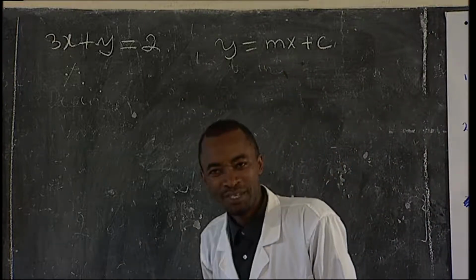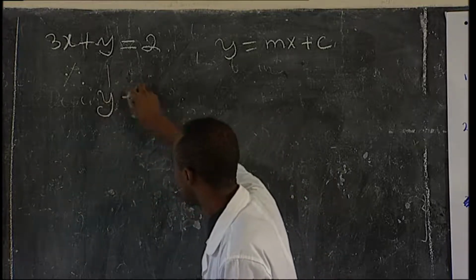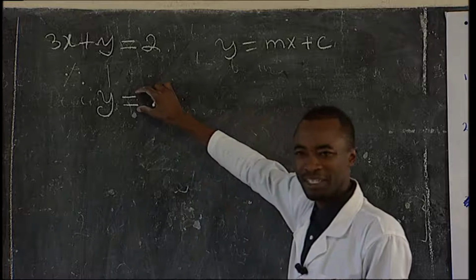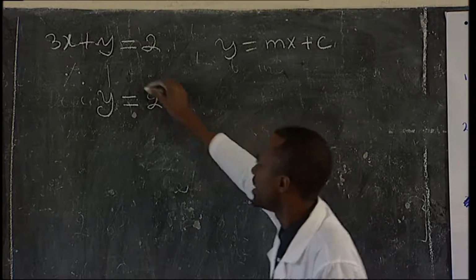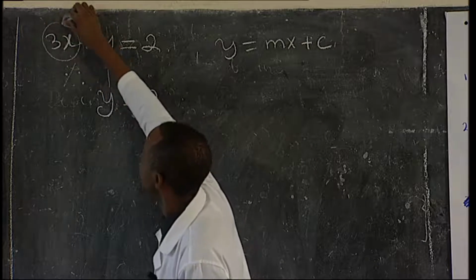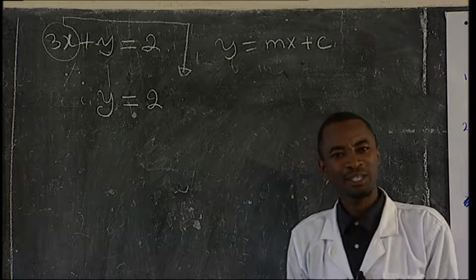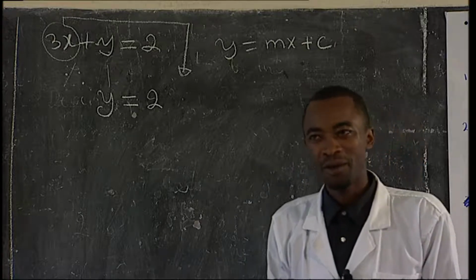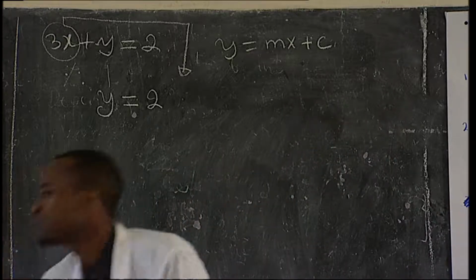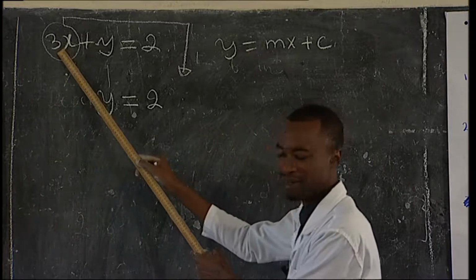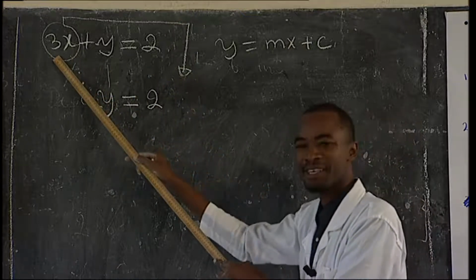So we need to write this equation in this form. How do I do this? Of course, I will fix my y over here, and the sign of equality has to remain here, and I have 2. Then I bring this 3x into the other side. Remember something that we learned in senior 1. When you are solving equations, if you want 3x to be on the other side, it will change the sign.